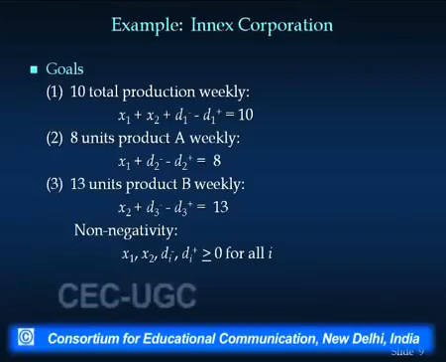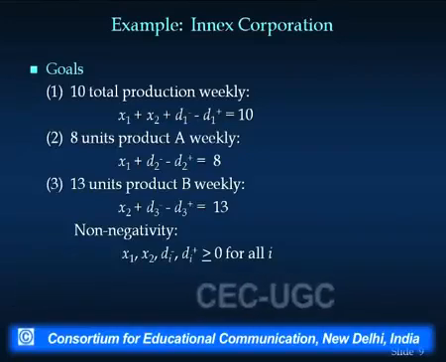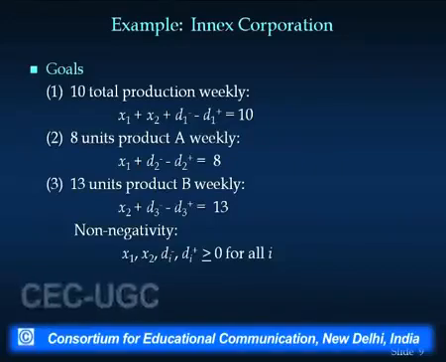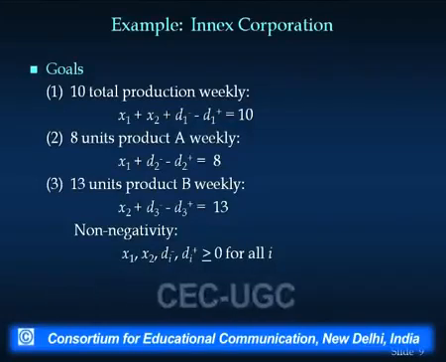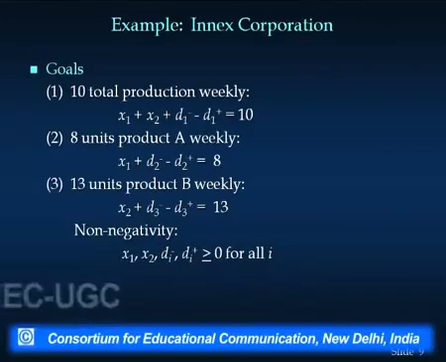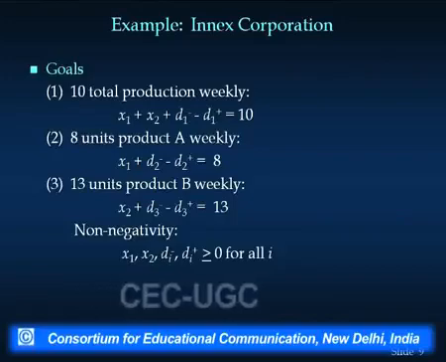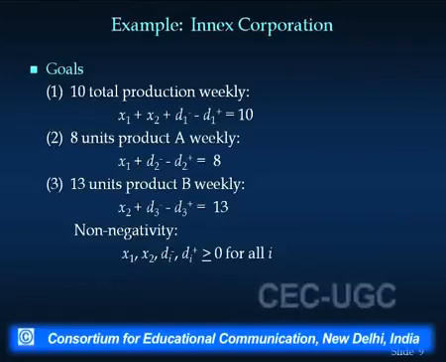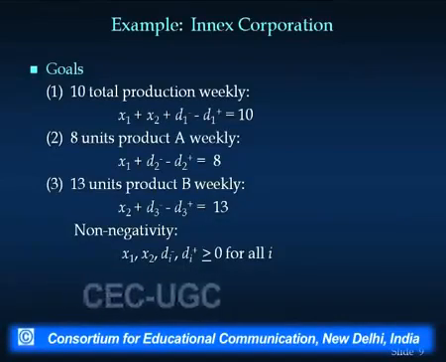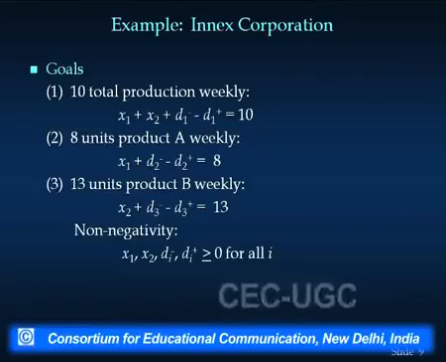This extra production, or the production that exceeds our requirement, is denoted by D1 plus, and this deviation will be subtracted. So the equation is made: x1 plus x2 plus D1 minus minus D1 plus equal to 10. This is the first equation, first priority, and I have demonstrated how to make this equation.